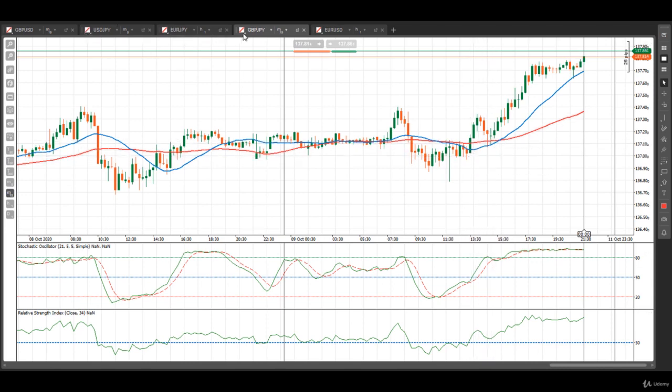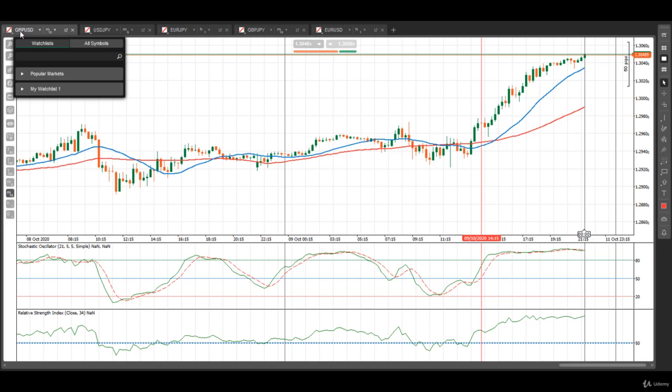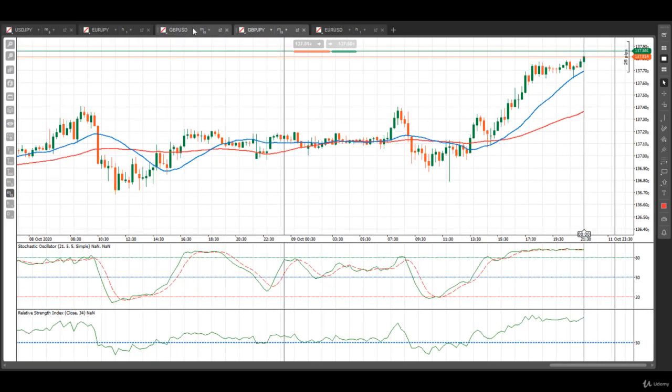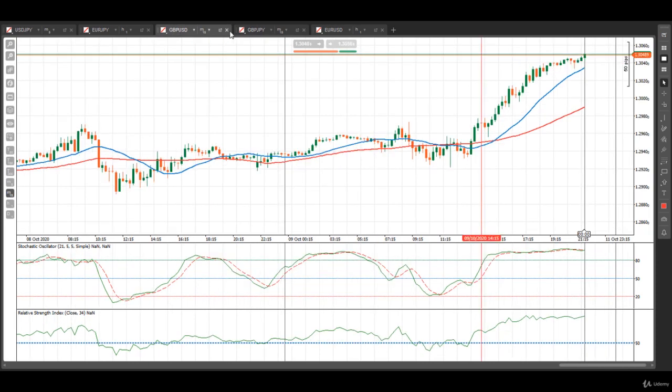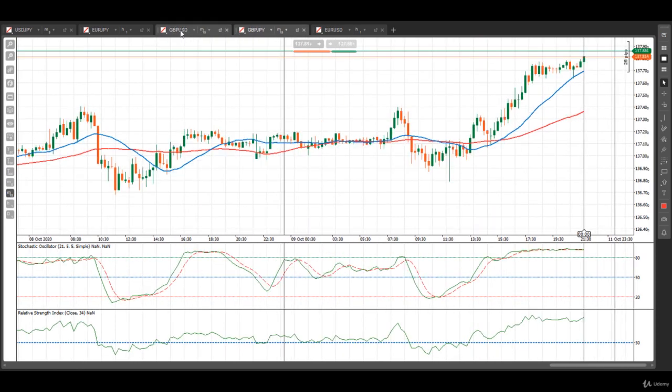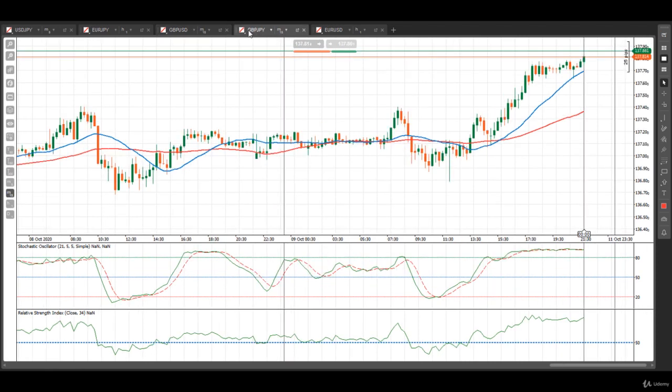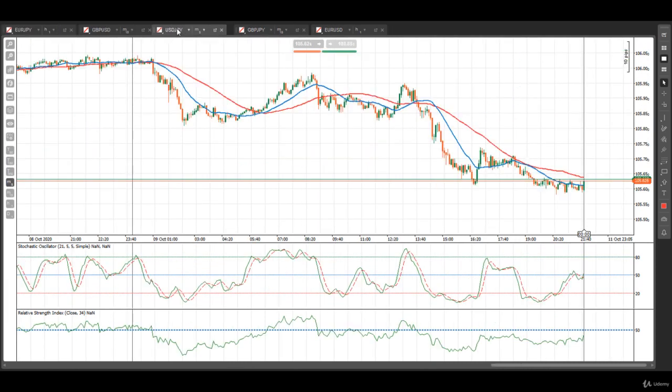Okay, so how to choose if I am going to trade GBP USD or GBP JPY? As you can see, they have the same configuration. So this is how we can decide. We have to see USD JPY to decide what to trade.